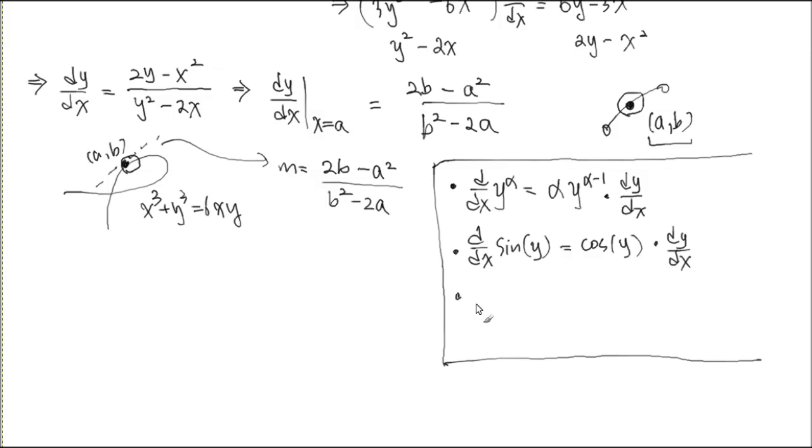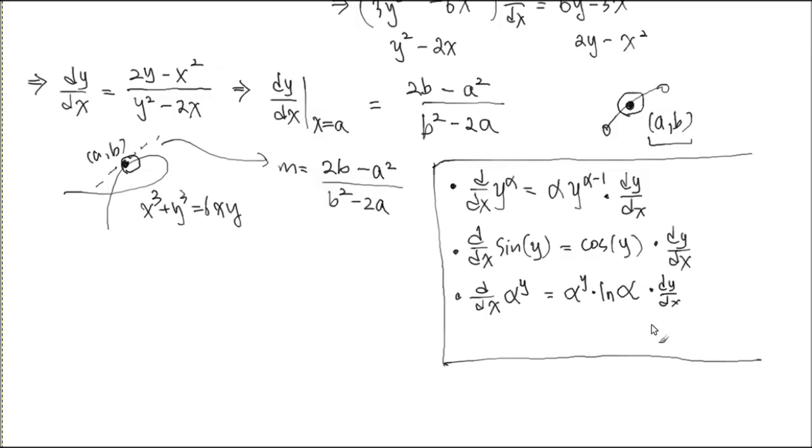I'm going to skip cosine and tangent, all right? What is the other thing? Maybe alpha to the y. Maybe you're going to see that in the Cartesian equation. And what happens if you differentiate this one, interpreting y as a function of x? Anybody remember this? Alpha to the y appears again. This is the interesting thing about the exponential function, multiplied by ln alpha first. You complete that derivative first, and then multiply by dy/dx.